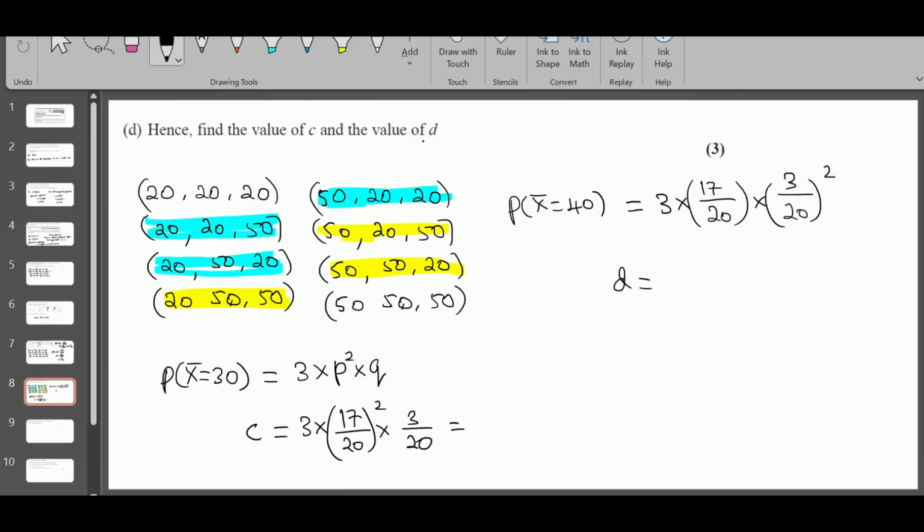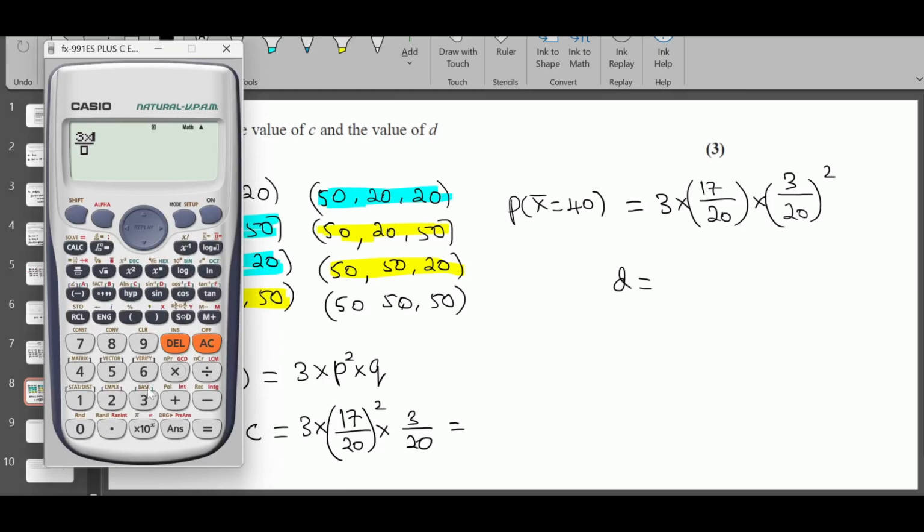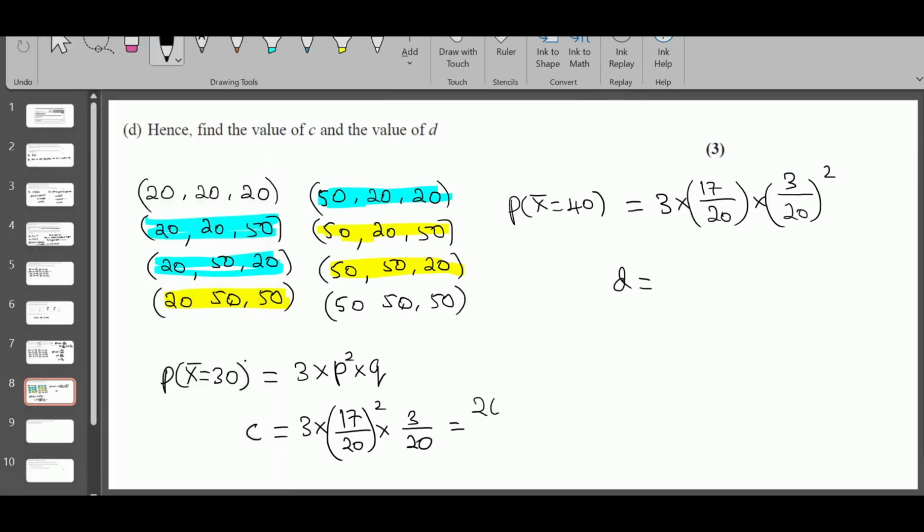That's the value of D. So C is 3 times 17 squared times 3 over 20 cubed, which is 2601 over 8000. This value is C.